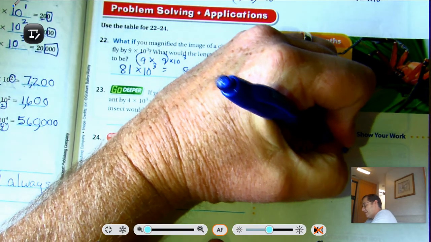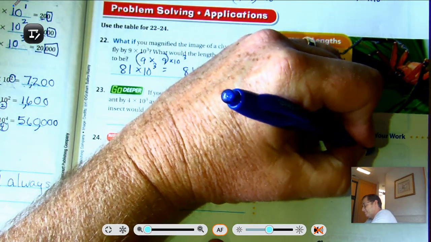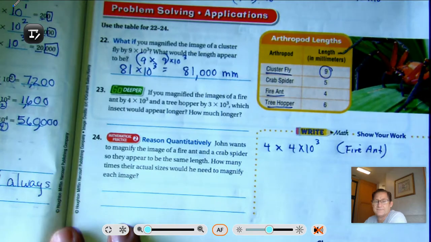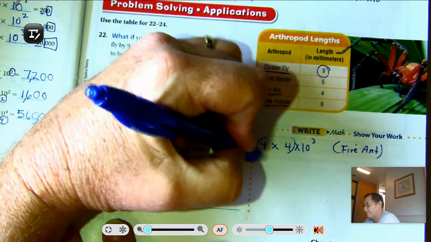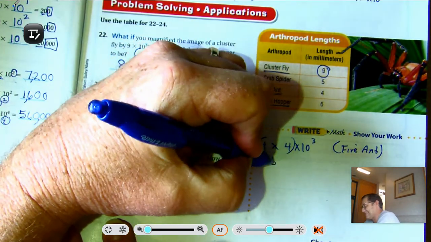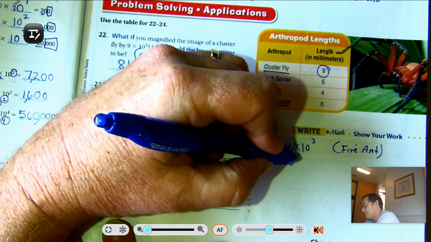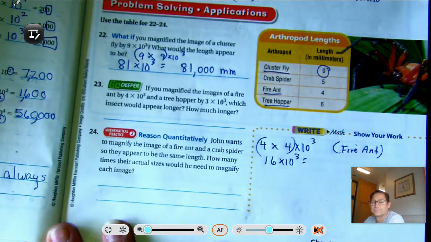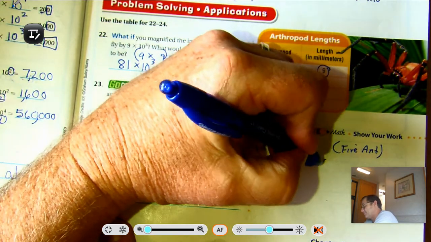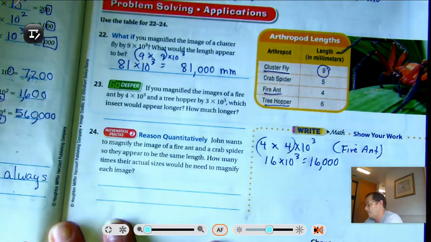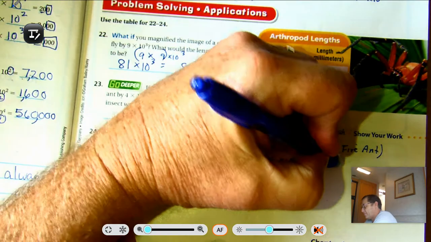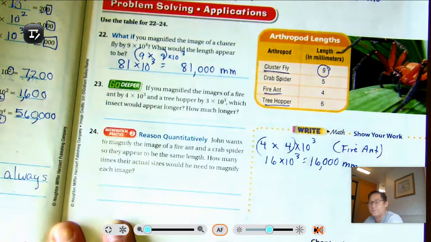And I'll just write fire ant here. All right, so what is the fire ant? Well, 4 times 4 is 16 times 10 to the third. 16 followed by 3 zeros. All right, so the fire ant would appear to be 16,000 millimeters.